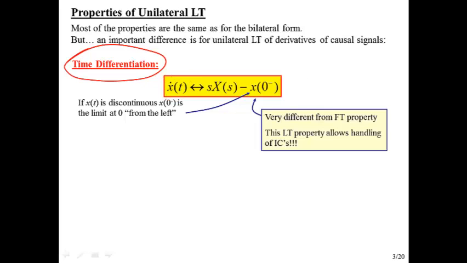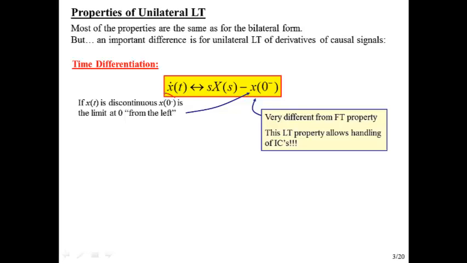So for the first order derivative, we need just one initial condition, which is the value of the signal at 0 minus. And that 0 minus part is used to handle the case where x may be discontinuous.